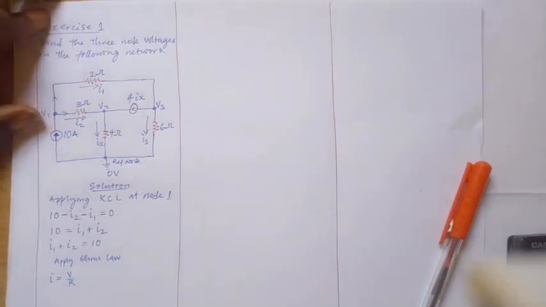V ratio R and now V over R. So, and this I, we have I1 here, we have I2. Please pay more attention.